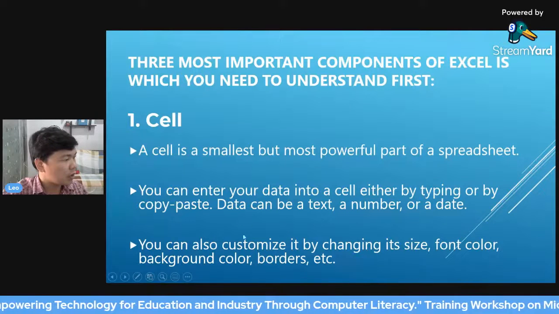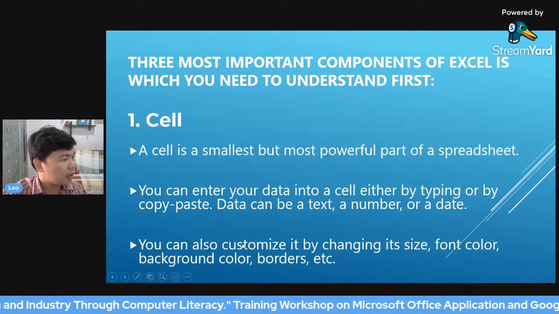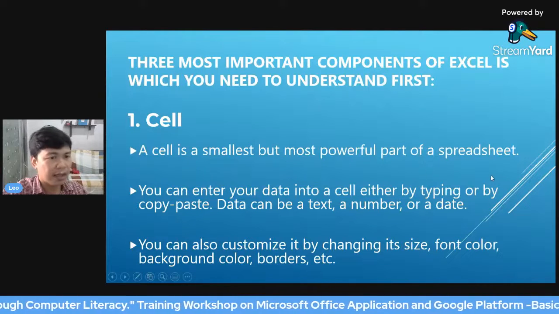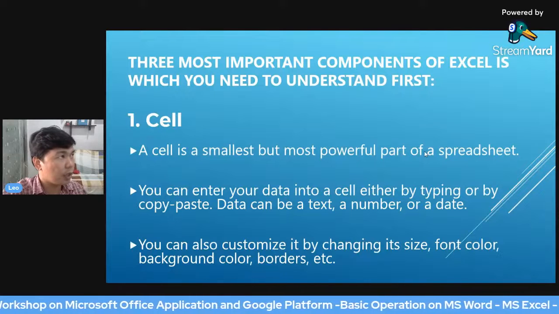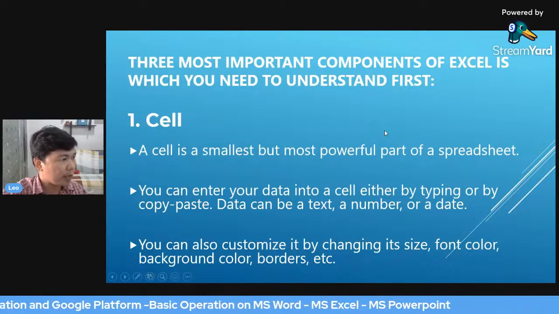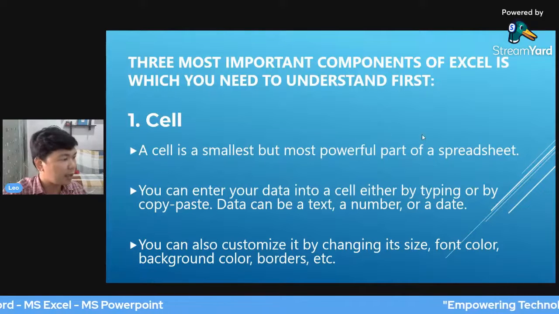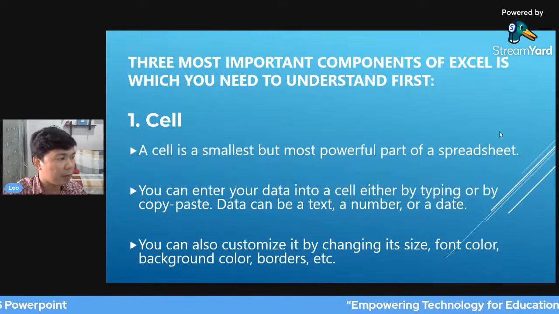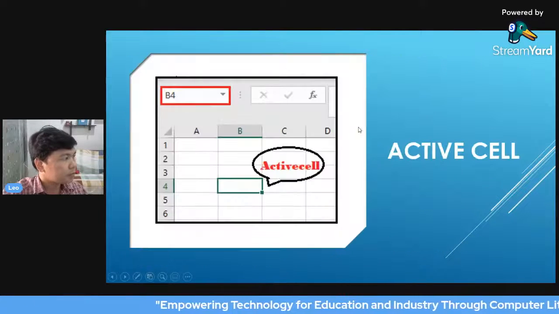And you can also customize it by changing its size, font color, background color, borders, and so on. Same with the Microsoft Word and as well as the Microsoft PowerPoint, we can manipulate a certain text, the size, as well as its font style. Even the color of the text, we can manipulate it in the Microsoft Excel.